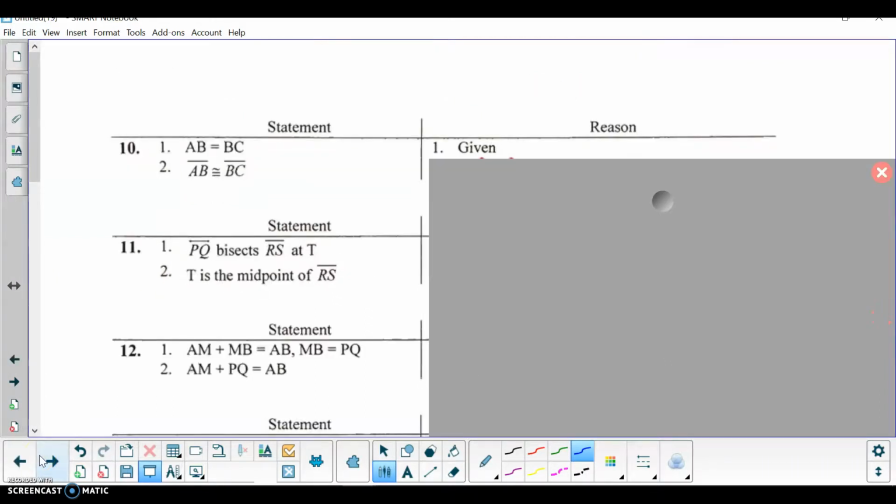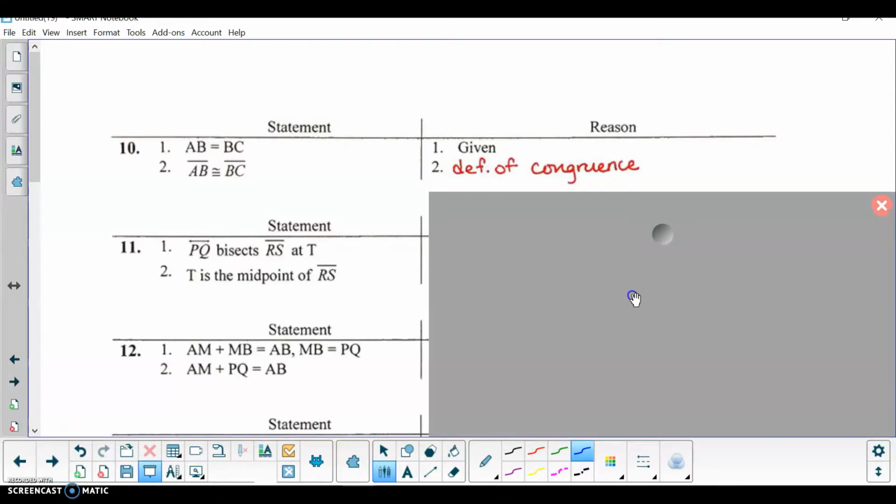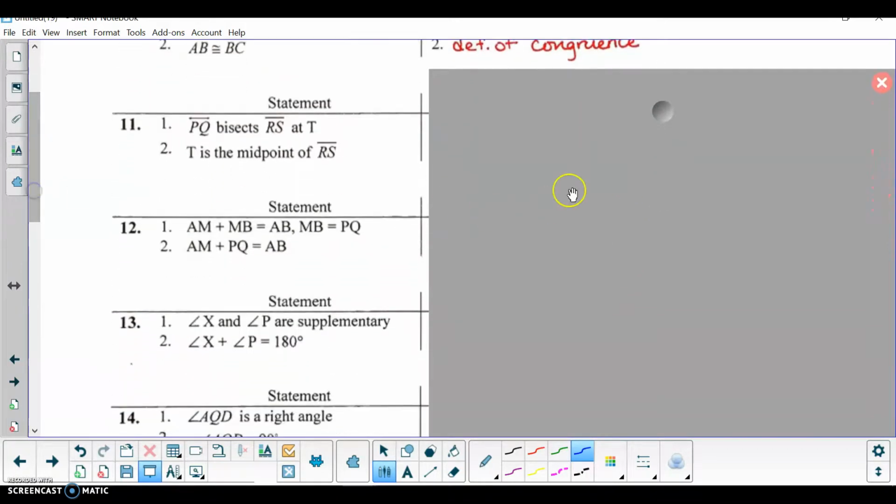Number 10, your given statement, AB equals BC, and then you're trying to prove what makes this happen. AB is congruent to BC. That's just the definition of congruence. If they're equal, they're congruent. Right, number 11, your given statement.